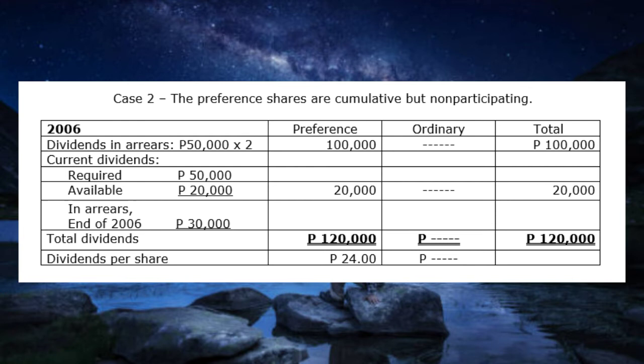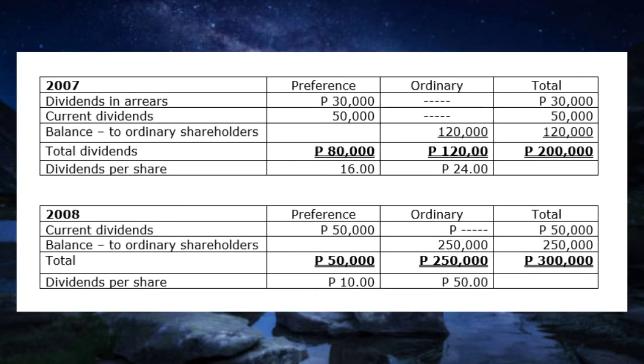Available, 20,000 pesos, preference 20,000 pesos, total 20,000 pesos. In arrears, end of 2006, 30,000 pesos. Total dividends preference, 120,000 pesos, total 120,000 pesos. Dividends per share, 24 pesos.